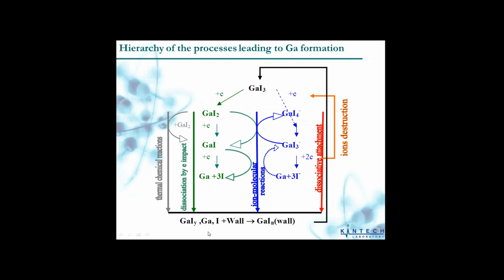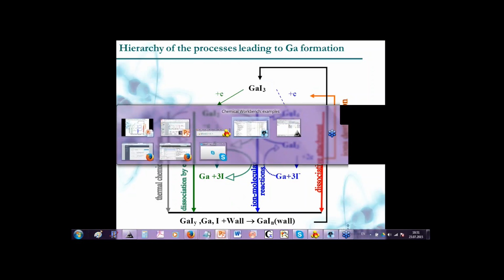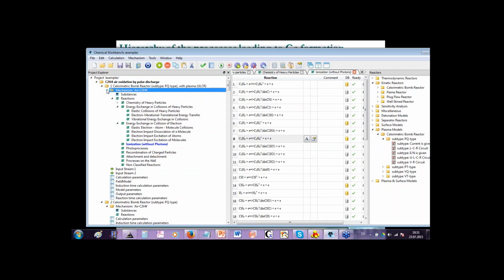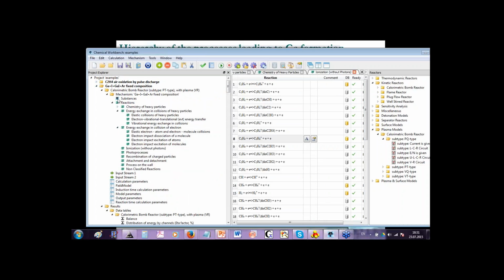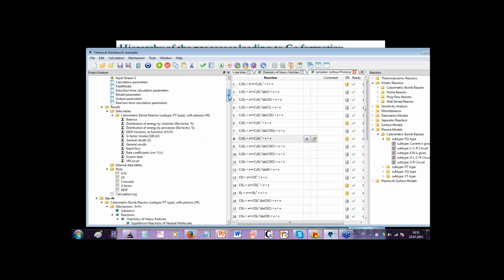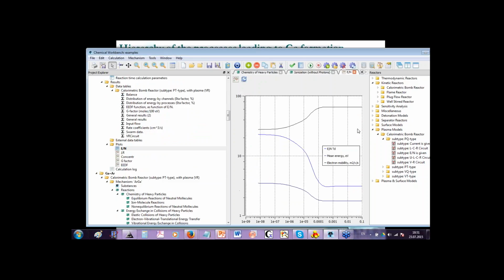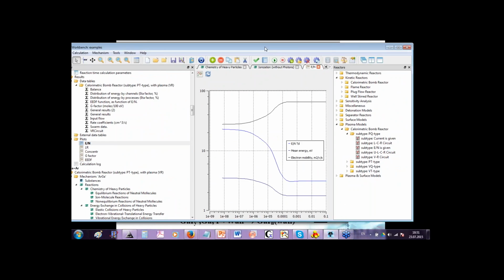Here I try to show you this example in the Chemical Workbench. There is a mechanism. And the result, it's interesting to look at the result. For example, this is the dependence of the electric field strength, mean energy of electron, and the mobility of electron versus time.